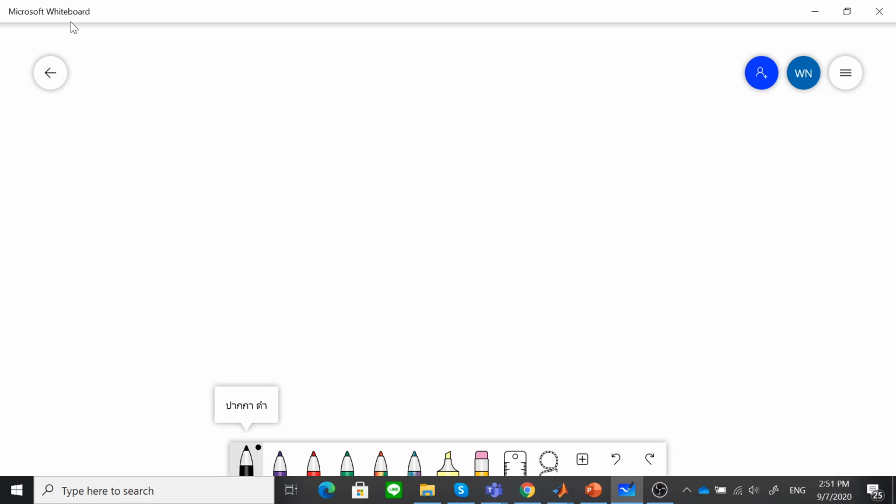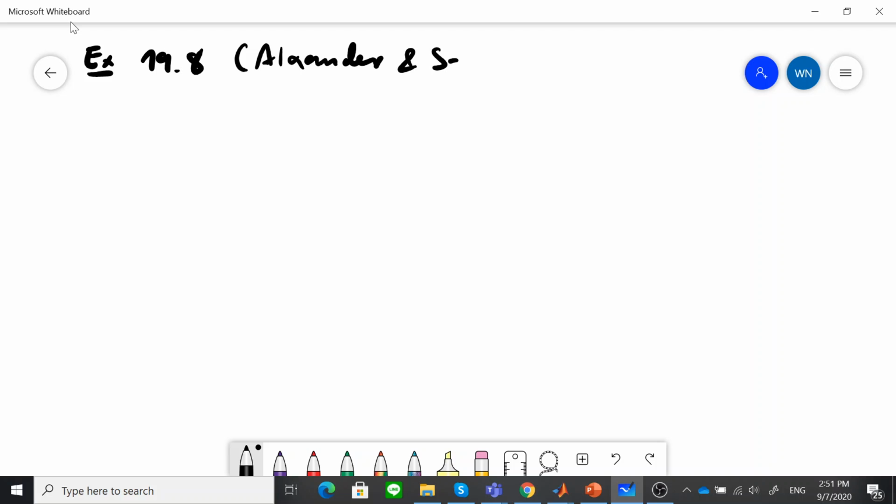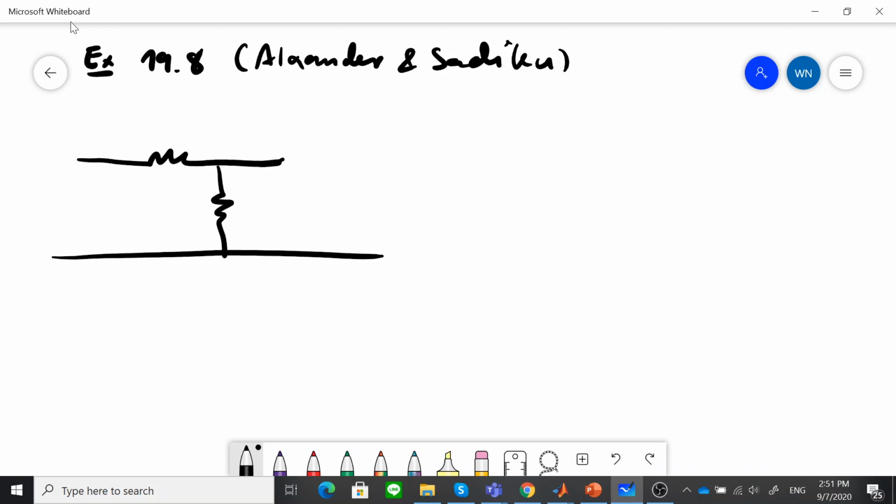We will write this down together. This is example 19.8 from Alexander and Sadiku, textbook chapter 19. We have a circuit like this, with a dependent source plus minus 3I1.